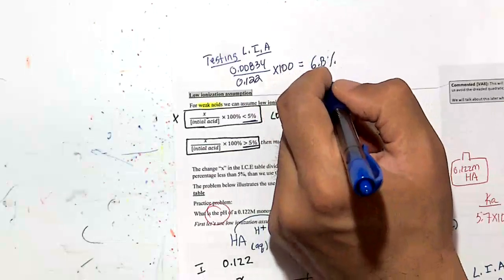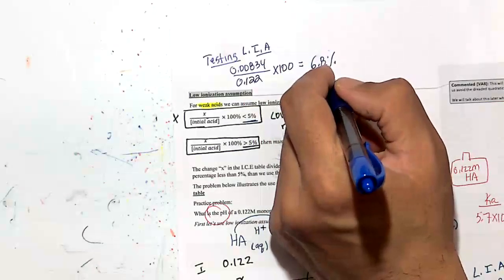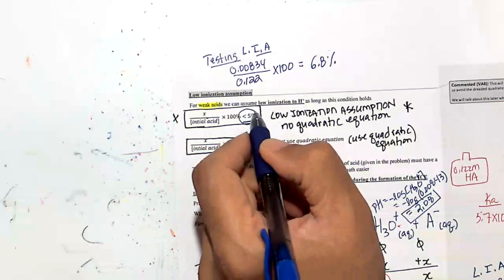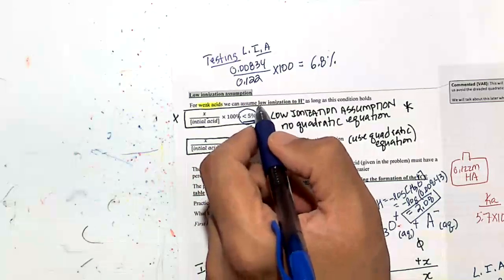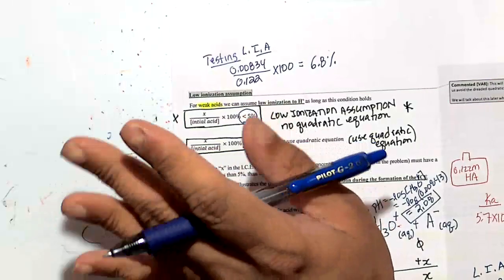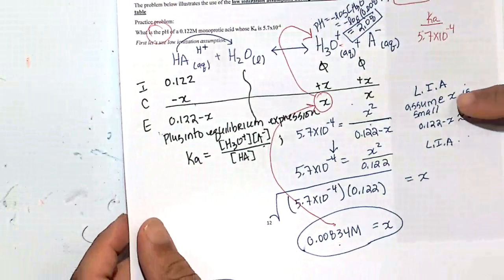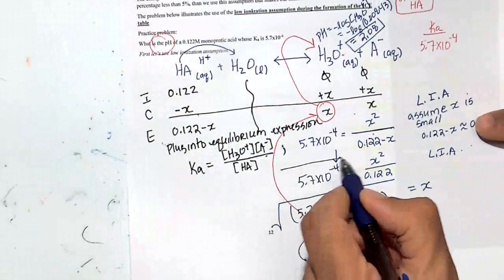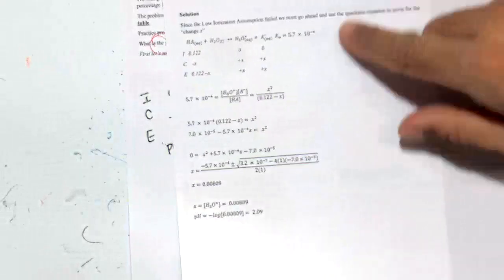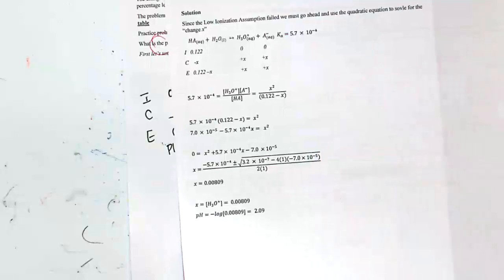This acid at this concentration is 6.8% ionized. What's the threshold? 5. So the assumption didn't work. You will not see this on the exam. But what do we need to do now, since the assumption failed? Since the assumption failed, you have to use the quadratic, which you don't have to do on the exam, but I went ahead and did the quadratic.